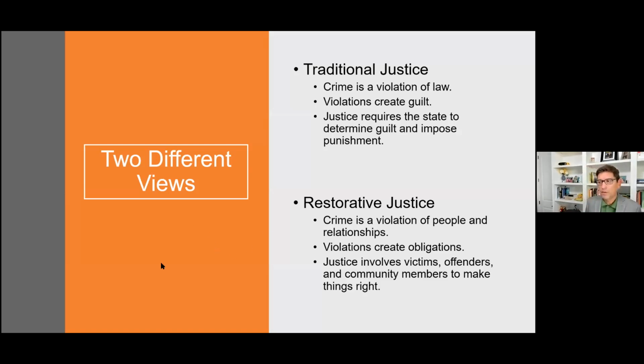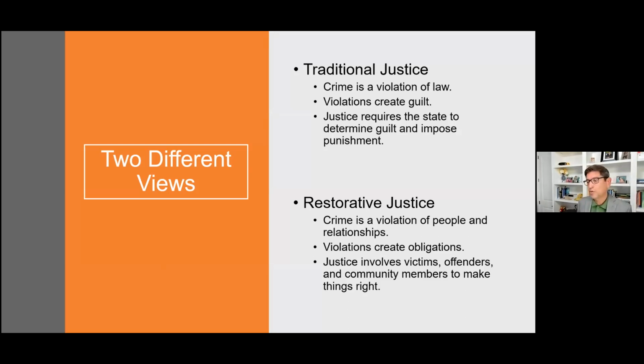So there's two different views, right? So we have traditional justice, where we see crime as a violation of the law. Violations create guilt. Justice requires that the state determine guilt or impose punishment. Where on the restorative side, it's about crime as a violation of people and relationships. So again, very informal, right?